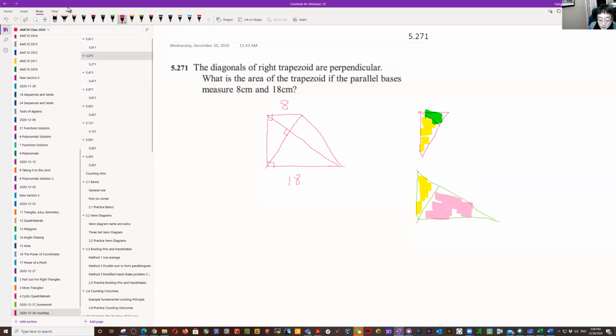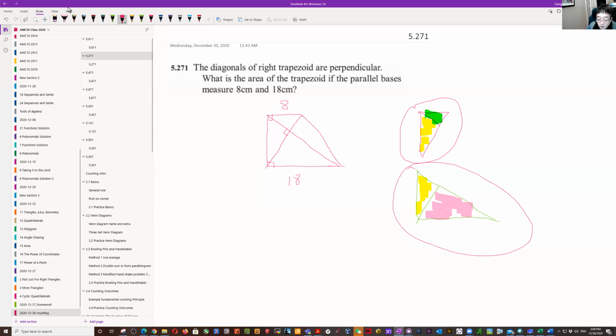Then basically we have this whole thing is similar to this whole thing, because both big triangles are similar to this yellow triangle. So similarity has the transitive relationship.